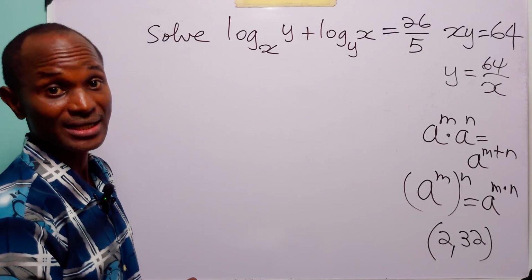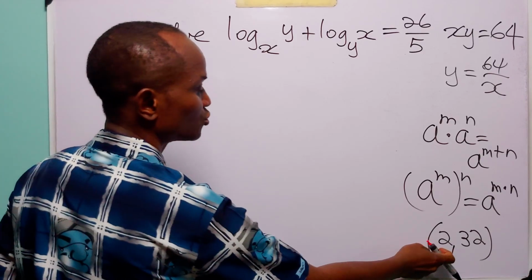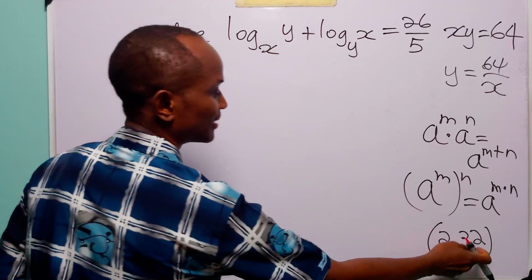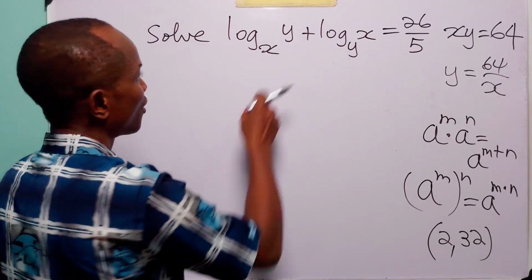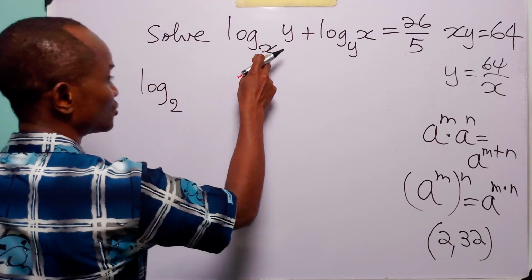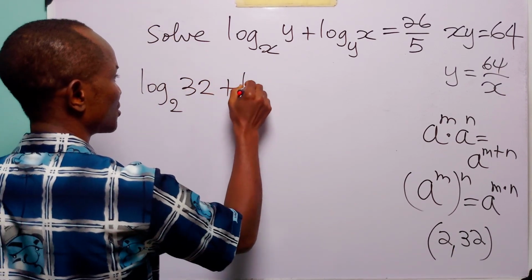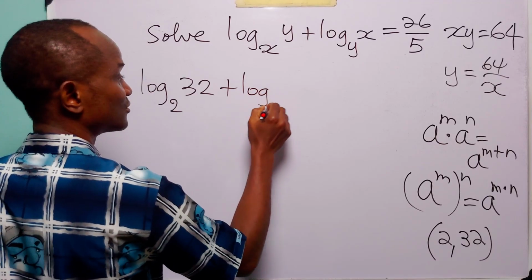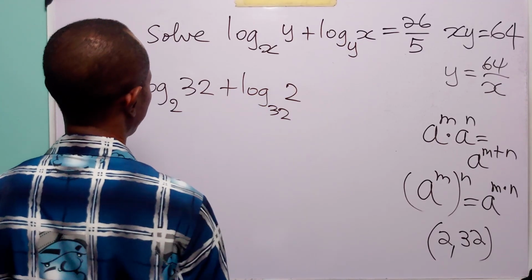Now, to check for the correctness of the values that we calculated, we can very easily substitute 2 for x and 32 for y in the logarithmic equation. When we do that, this equation becomes log to base 2 of 32 plus log to base 32 of 2.